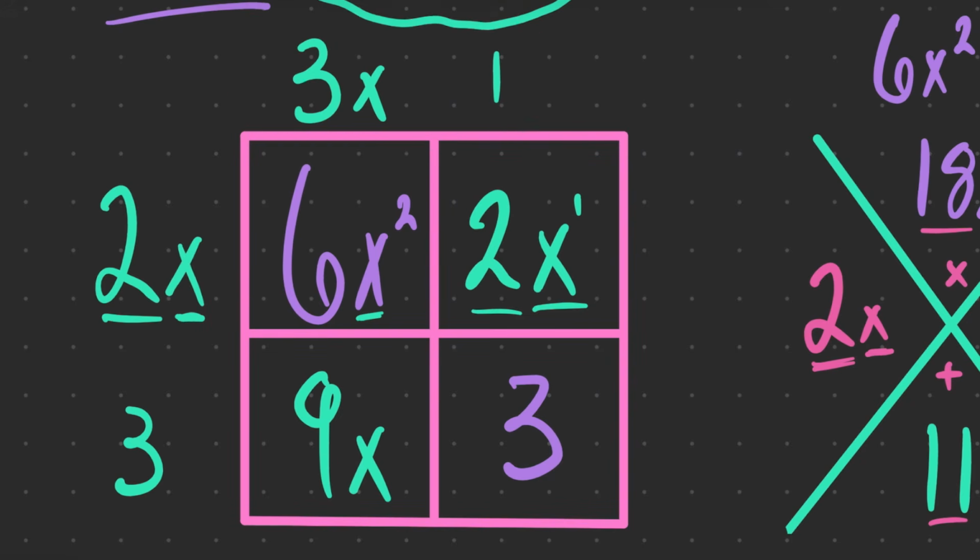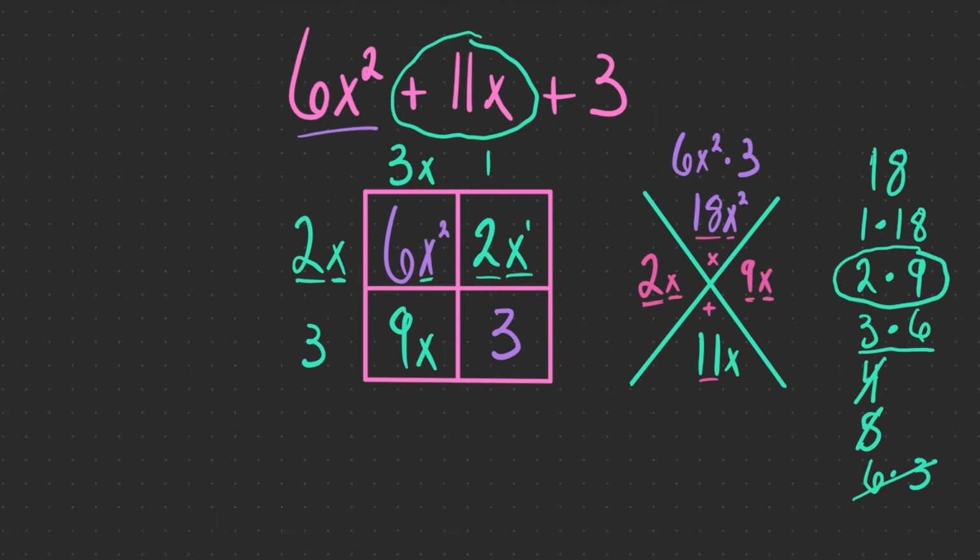Okay, so if I were to ask you to factor this trinomial, you could use this method here, and your final answer would be 2x plus 3. Okay, so notice I kept, because this 3 is not a negative, it's a positive 3 here. Okay, and then the same thing up here, 3x plus 1.